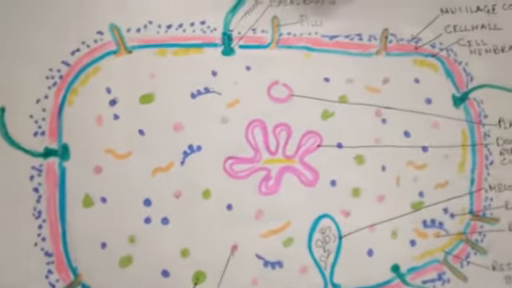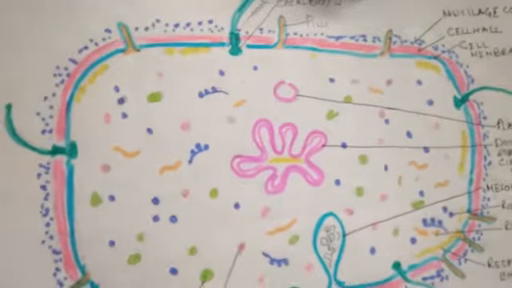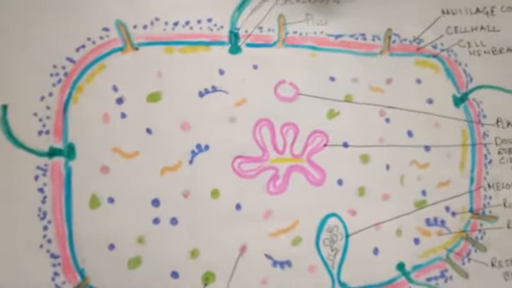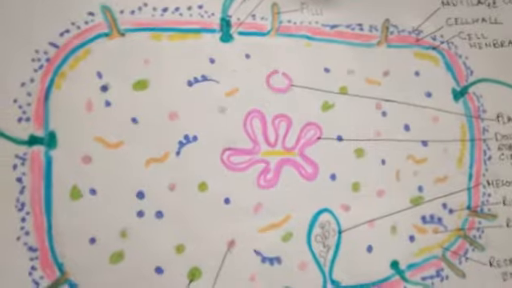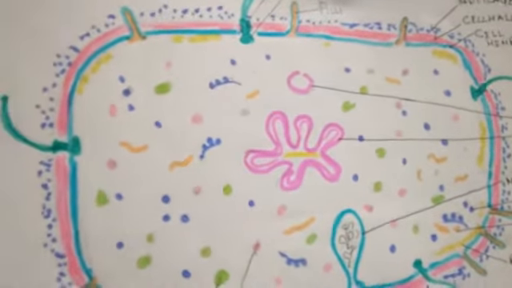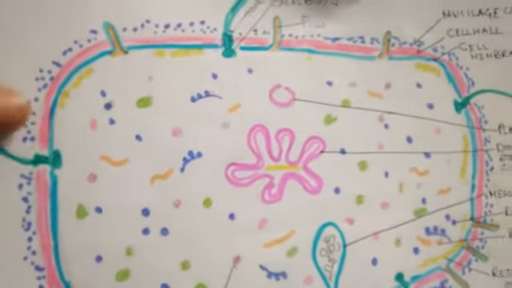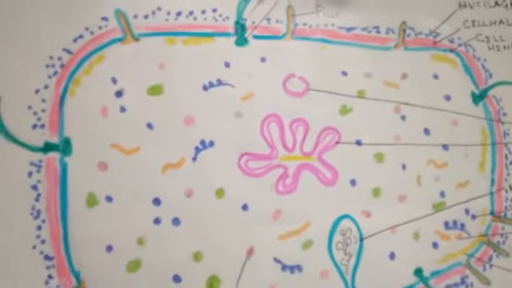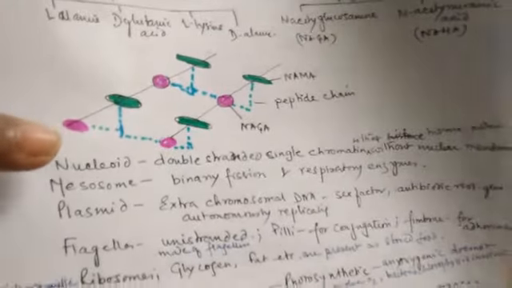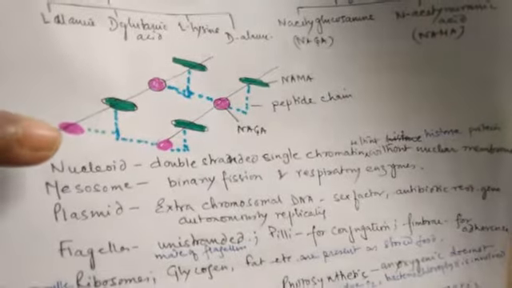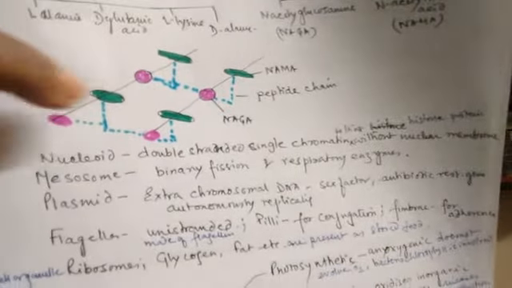We have already learned that the peptidoglycan contains two units. Peptidoglycan is made up of N-acetyl muramic acid and N-acetyl glucosamine. Alternately they are there, and they are interconnected by peptide linkages, clear? So that forms the peptidoglycan.